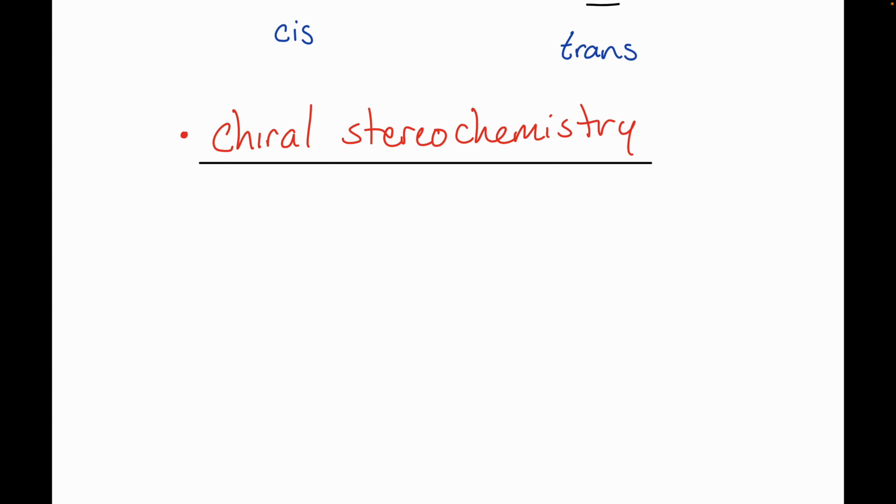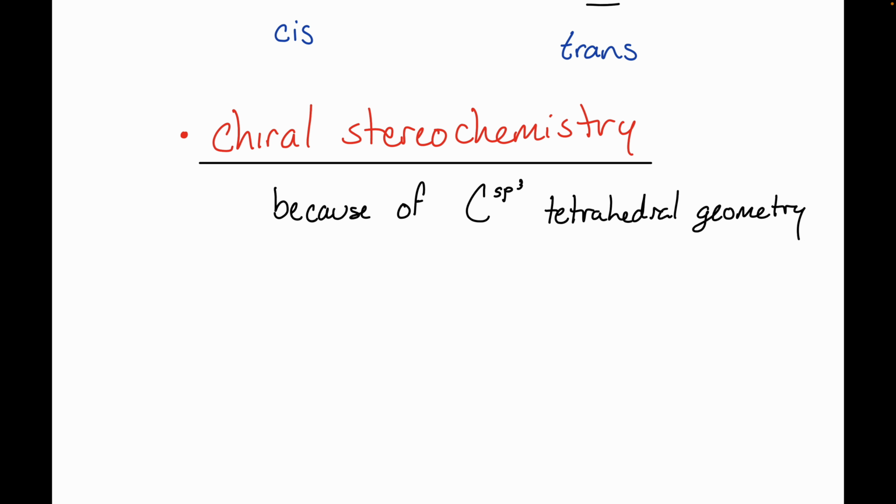All right, and this is something that arises because of an sp3 hybridized carbon's tetrahedral geometry. All right, now not all carbons are considered to be chiral carbons, so that's kind of our step one, is to identify our chiral carbons.